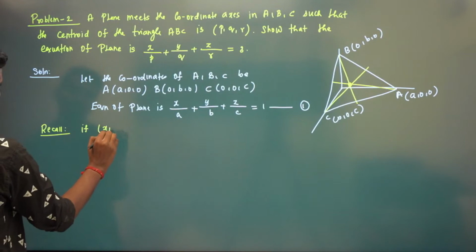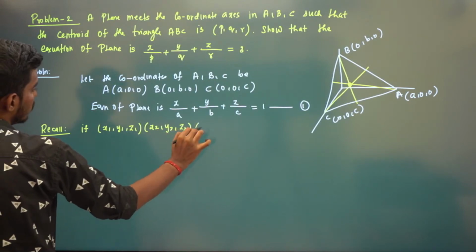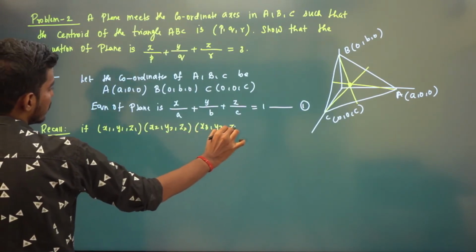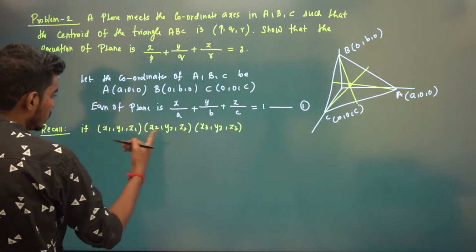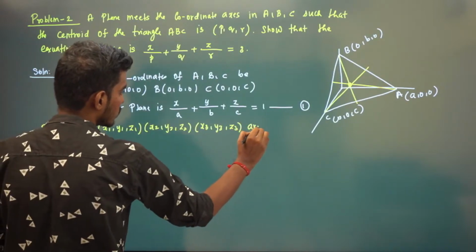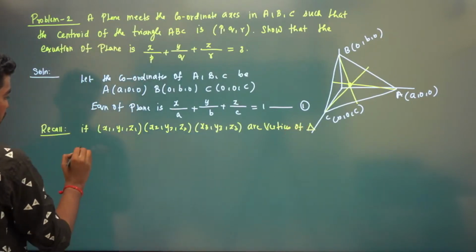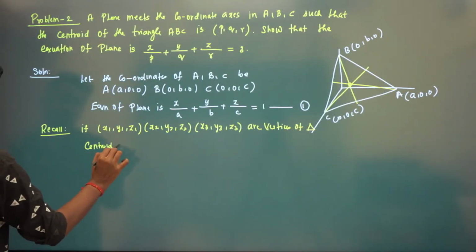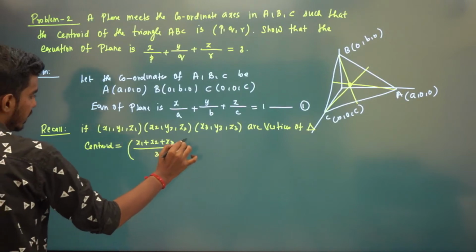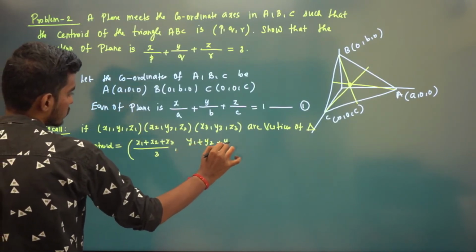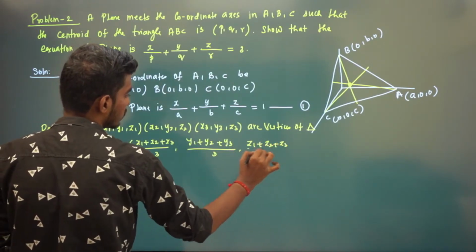If (x1, y1, z1), (x2, y2, z2), (x3, y3, z3) are the three vertices of a triangle, then the centroid is given by (x1 plus x2 plus x3) by 3, (y1 plus y2 plus y3) by 3, (z1 plus z2 plus z3) by 3.